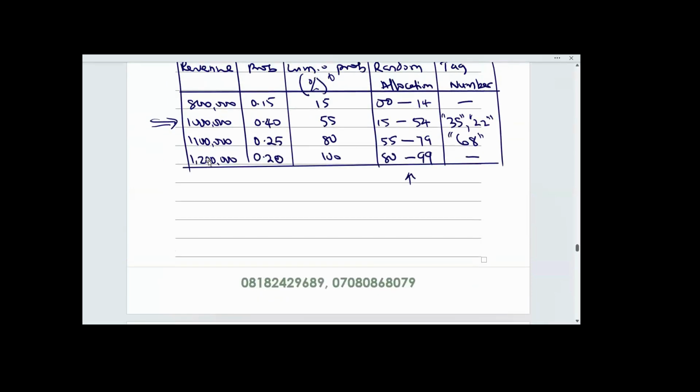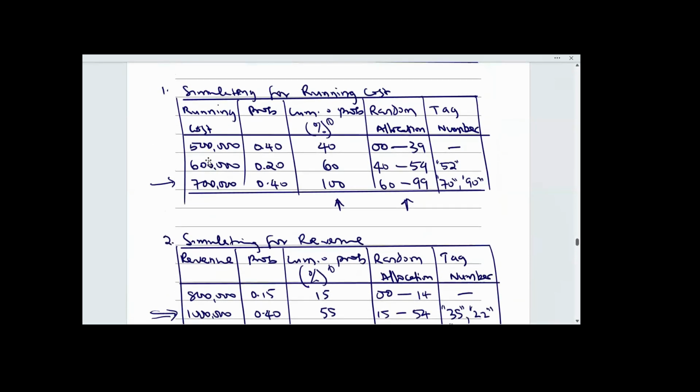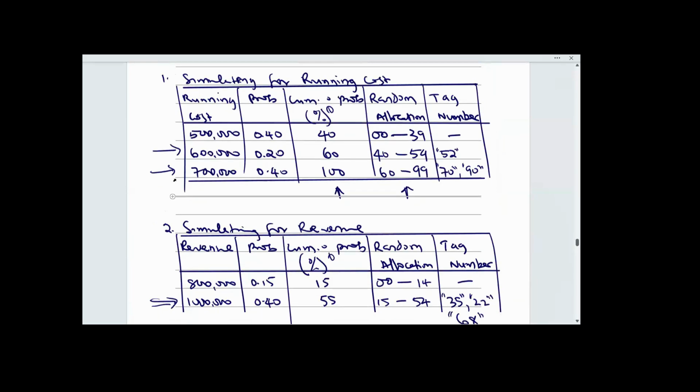Then running costs, set 2. What's the tag number? 52. 52 will be in the second row. Trace it to the left. That's 600,000.